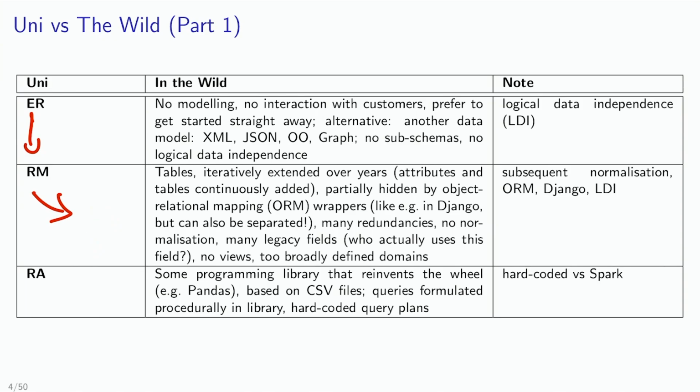So what you see in the wild, people use databases without modeling. There's no interaction with customers. People just hack a couple of tables in the database system, or they even use another data model like XML or JSON, object orientation, graphs, no subschemas, no logical data independence. So all kinds of things happen.